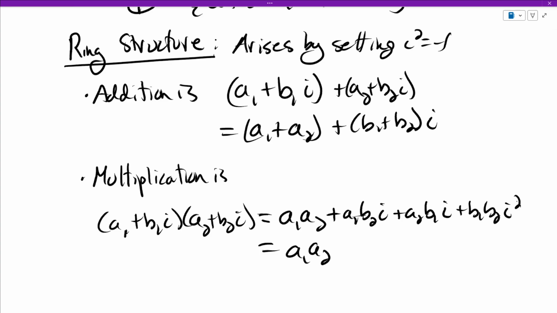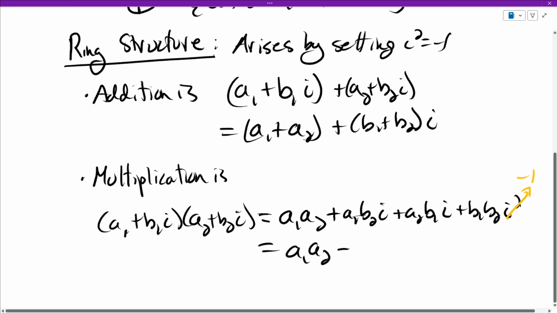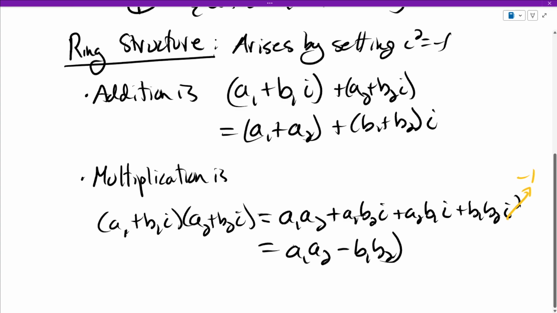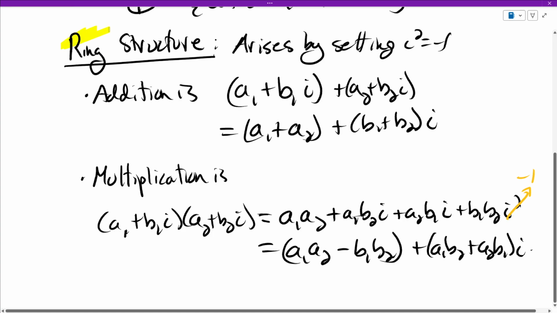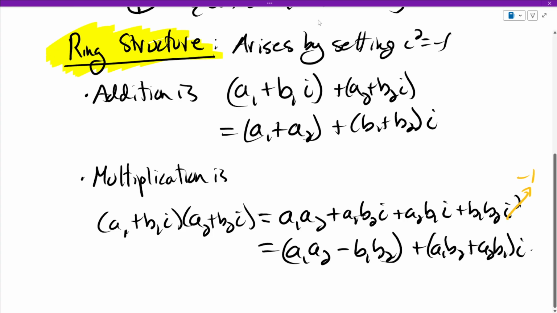So if we replace this guy here with a -1 and collect all the symbols that don't have an i with the symbols that do have an i, then we have that rule. Now don't ever remember that rule. Just remember that it's just foiling where i squared is -1. Okay. So this is the set C of complex numbers, and these are the two operations, addition and multiplication.